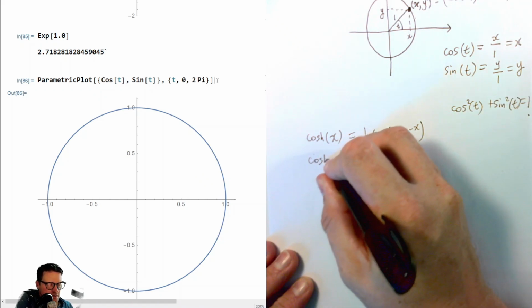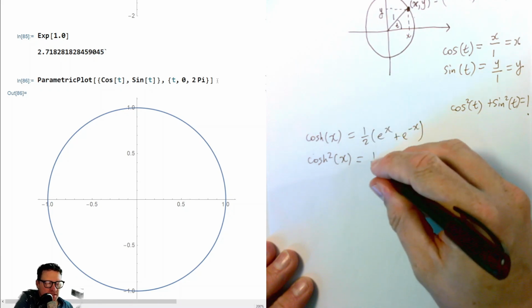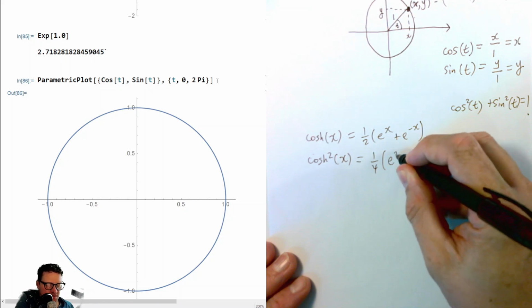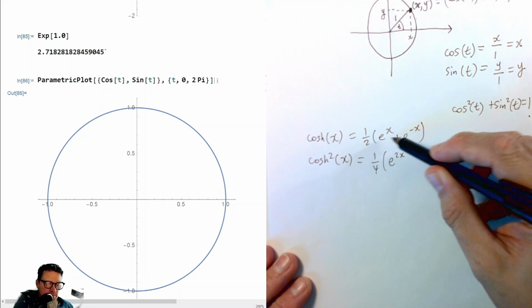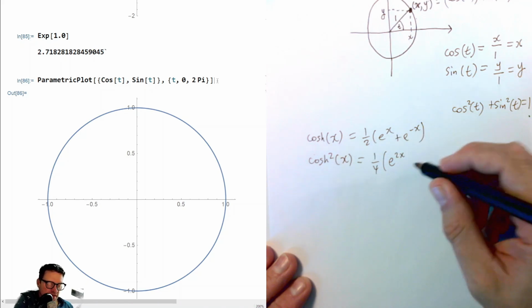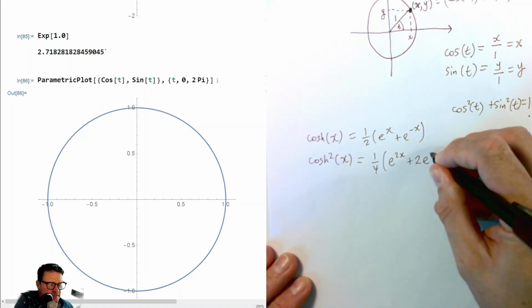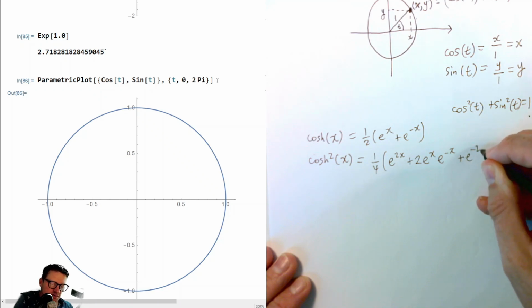So cosh squared of x is, so 1/2 squared is 1/4. And then when we square e to the x, we have e to the 2x. And then we multiply these two together when we square this and then double it. So we'll have 2 e to the x, e to the minus x. And then e to the minus x squared is e to the minus 2x.